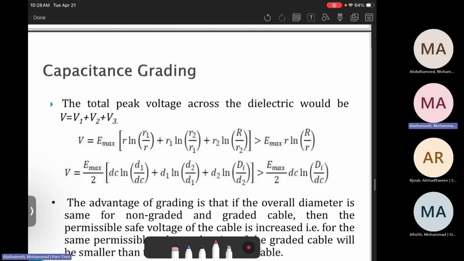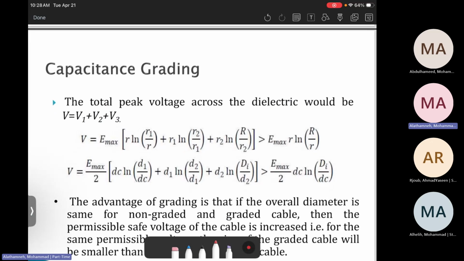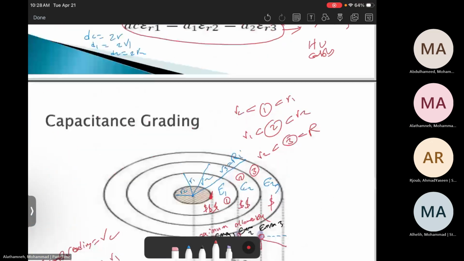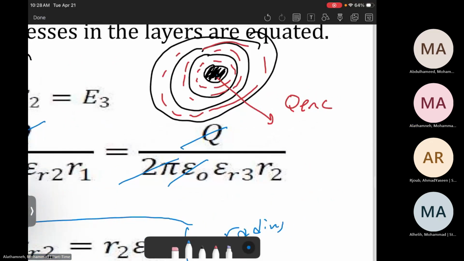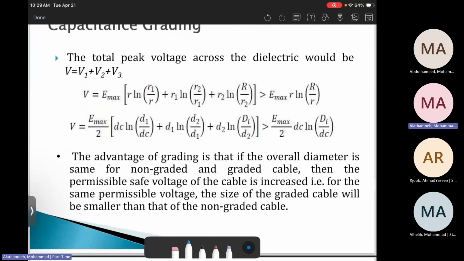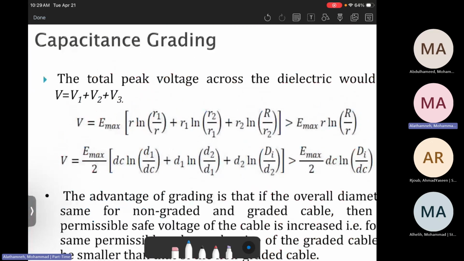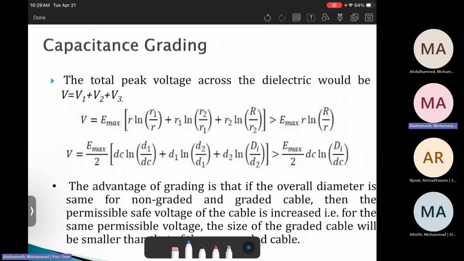Then, in order to calculate the total peak voltage across the dielectric, because again, here is the dielectric, we need to calculate the voltage. So the voltage will be the voltage of area number 1 plus 2 plus 3.